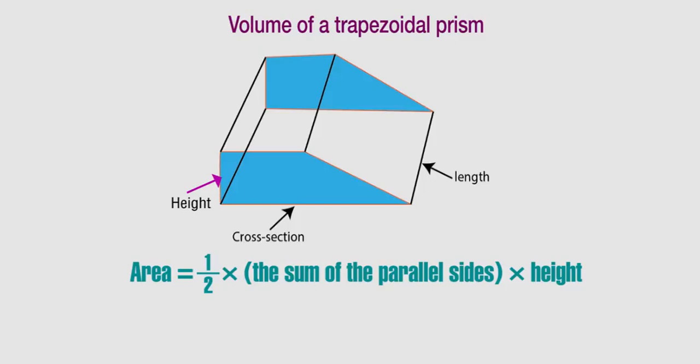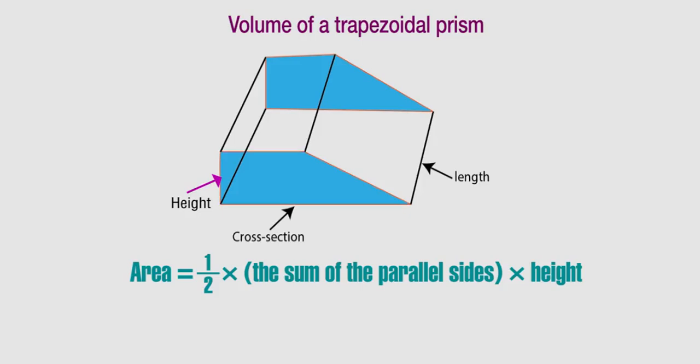The volume of this prism can be obtained by finding the area of the cross-section and multiplying it by the length of the prism. The area of a trapezium, we know from our first year lessons to be half multiplied by the sum of the parallel sides multiplied by the height.